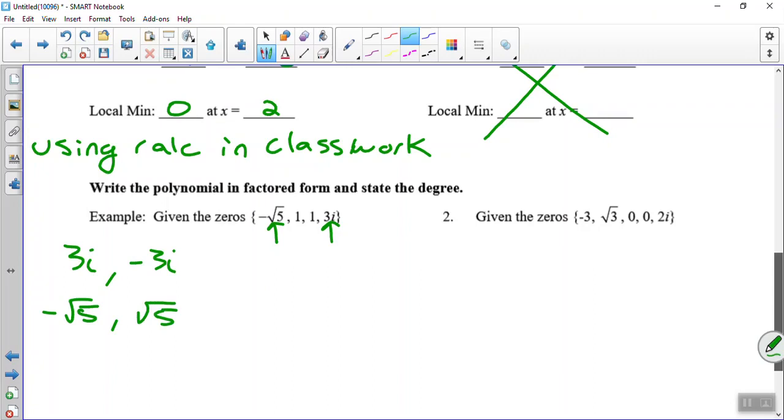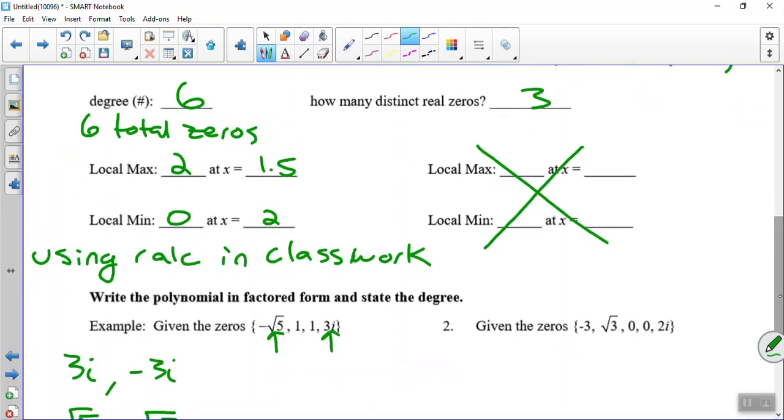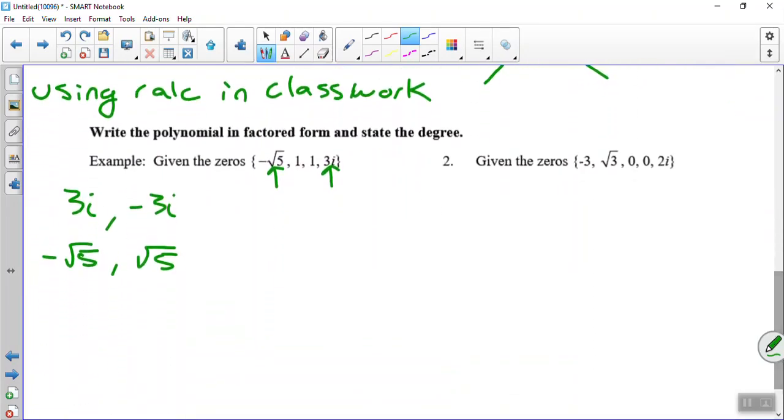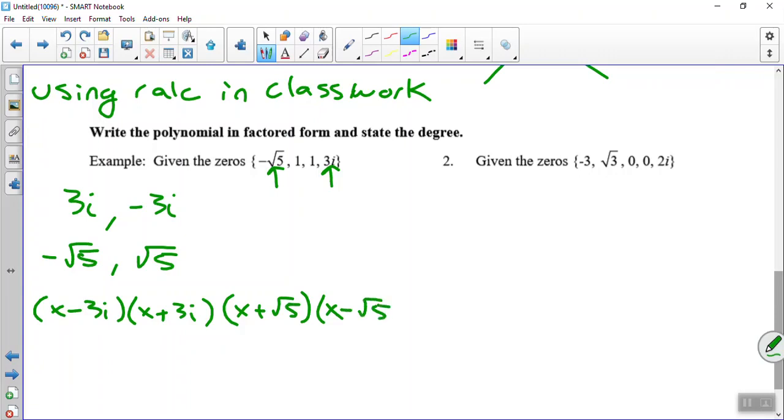Okay? So, how do you get that in factored form? Well, just change the signs to the factors. For the 3i's, it's x minus 3i, x plus 3i, times x plus root 5, x minus root 5.